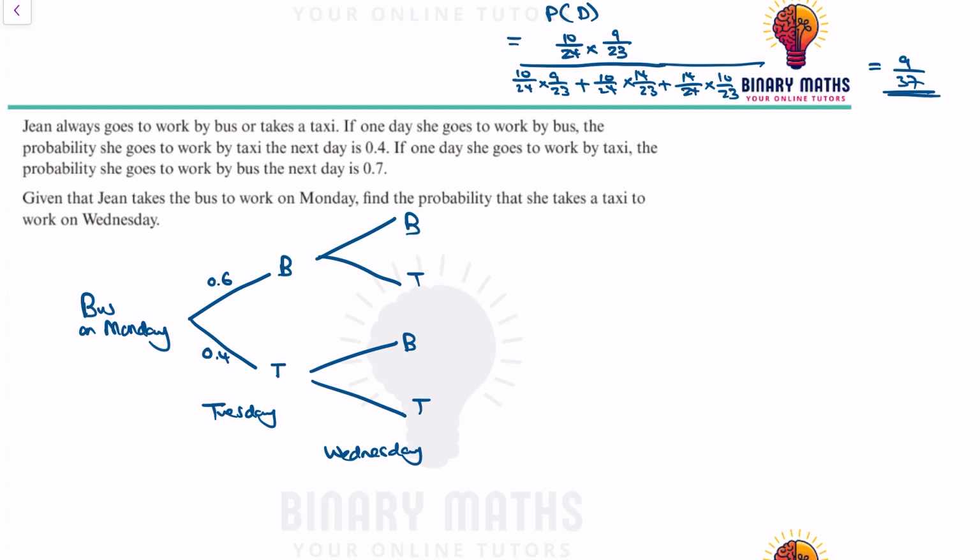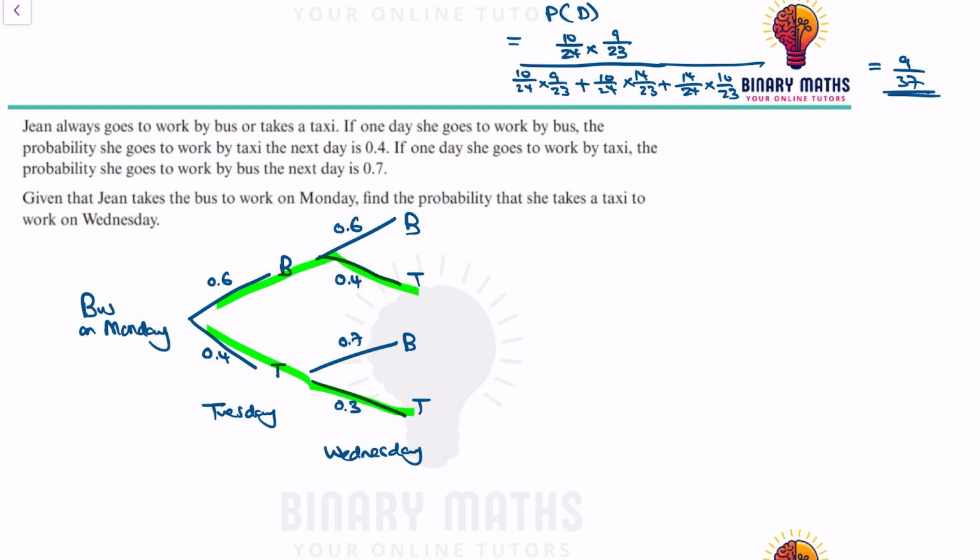Okay, so if she takes a bus, then the probability of her taking a taxi again is 0.4. So this part will be 0.6. If one day she goes to work by taxi, the probability she goes to work by bus the next day is 0.7. So that means this part will be 0.7 and 0.3. So we're looking at where she takes a taxi to work on Wednesday. So the only way she can get it is that combination or this combination.